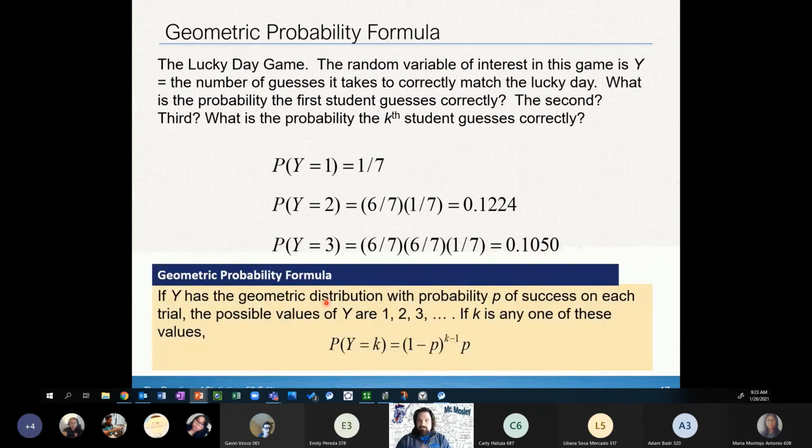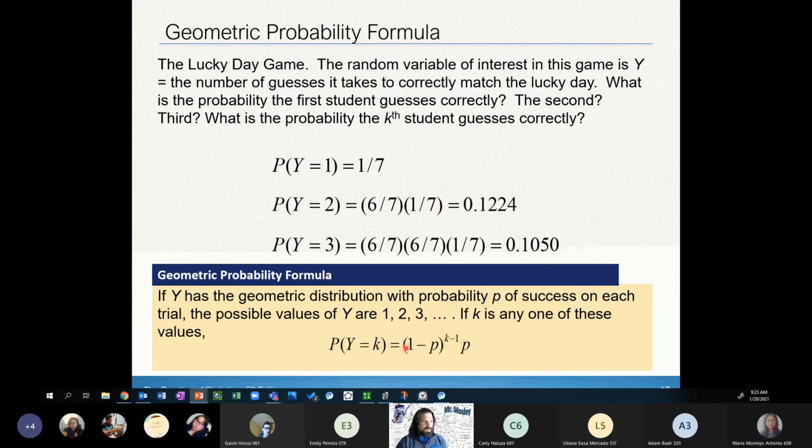This yields us a formula. If y has the geometric distribution with probability p of success on each trial, the possible values of y are 1, 2, 3, and so on. If k is any one of these values, then the probability of y equaling k is equal to (1 minus p) to the power of k minus 1, times p.